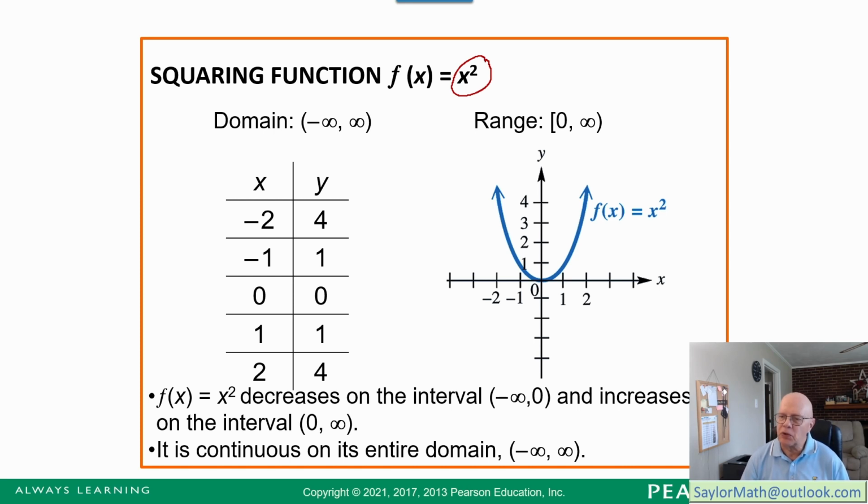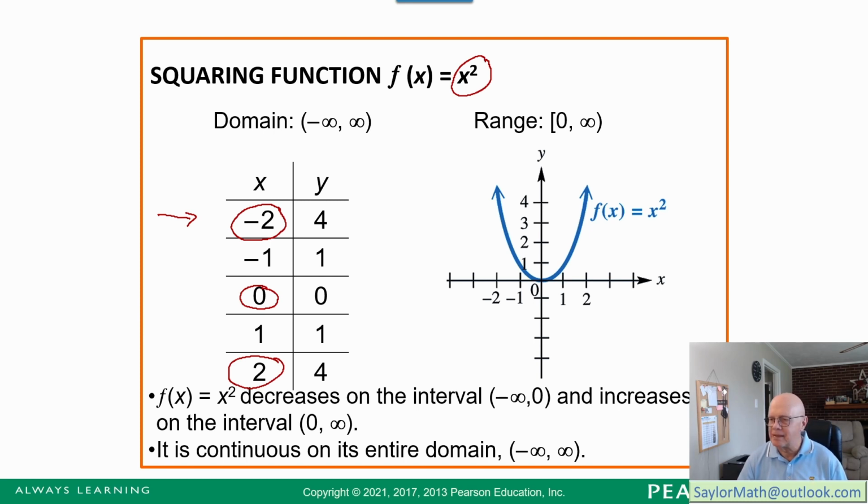What I do when I need several points is I'll choose a negative number, I'll use 0 for x, I'll use a positive number, and in this case where we need some extra ones, I'll just throw anything else in. The point I'm making is use some negatives, use 0 if possible, use some positives.